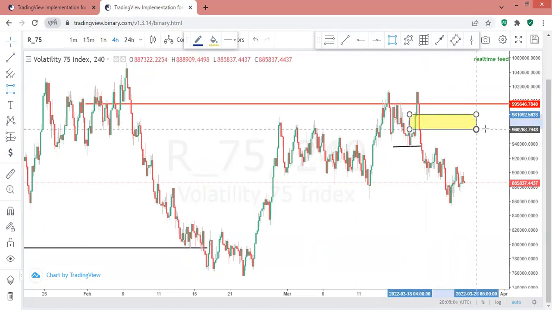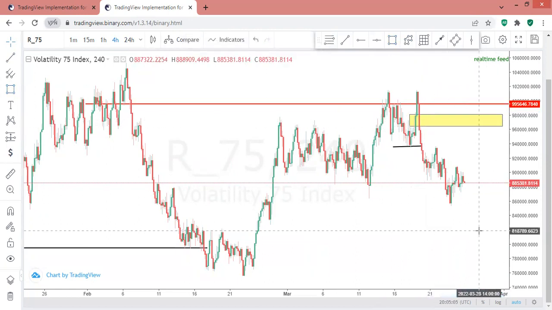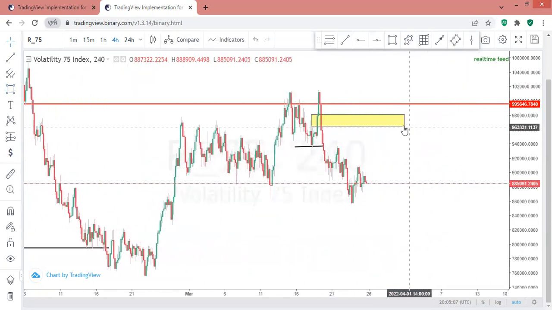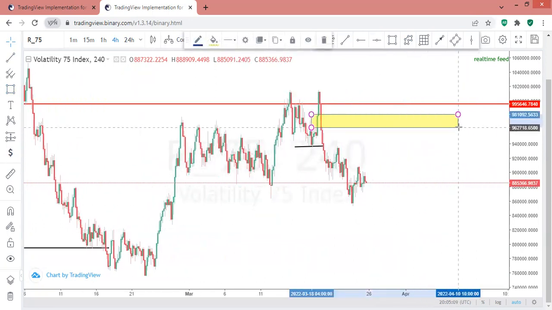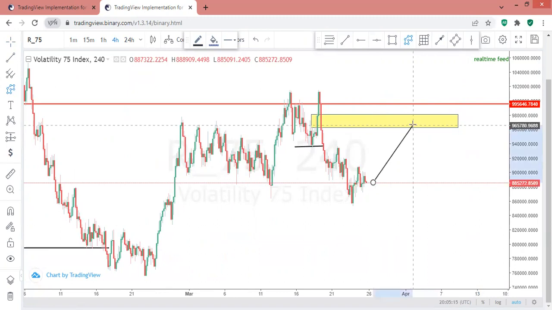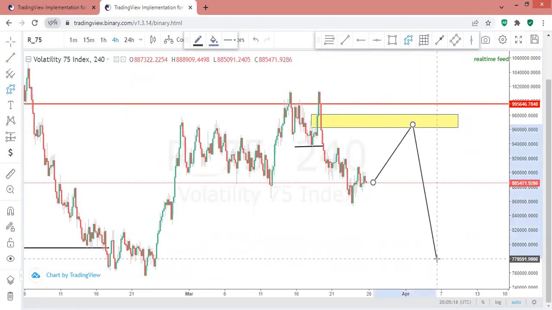Might actually come there to fill this imbalance. So don't be surprised if you see V75 pushing up into this area before dropping down.